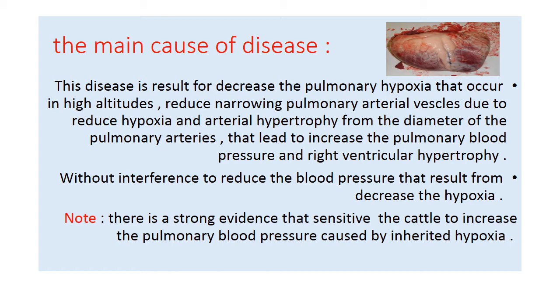So, although many factors may contribute to the occurrence of the bovine high mountain disease, the main reason for this disease is hypoxia that occurs in high altitudes, and the pulmonary vasoconstriction is the natural physiological response to hypoxia and can be seen in most animals.